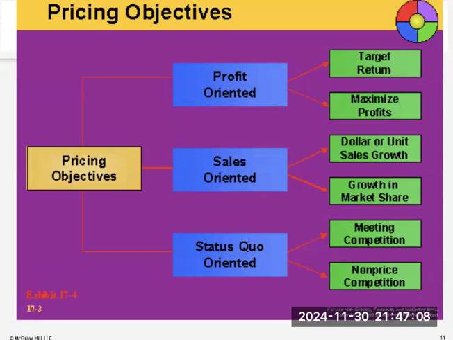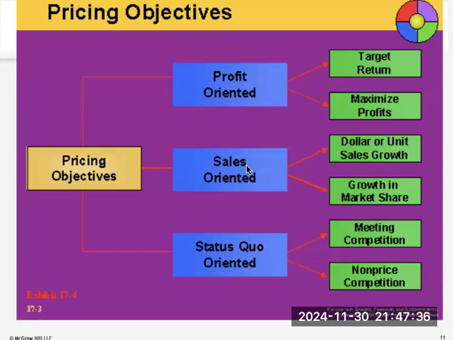When you get to the 4Ps or the marketing mix, I'm going to expect you to say, okay, is my marketing objective profit oriented, sales oriented, or status quo? If I want to make a profit, I have to consider the target return. How much return do I want? And am I going to maximize profits? If this is your strategy, explain this to me.